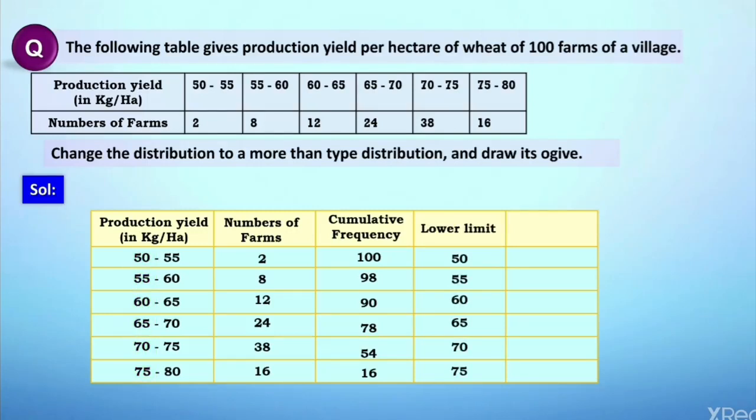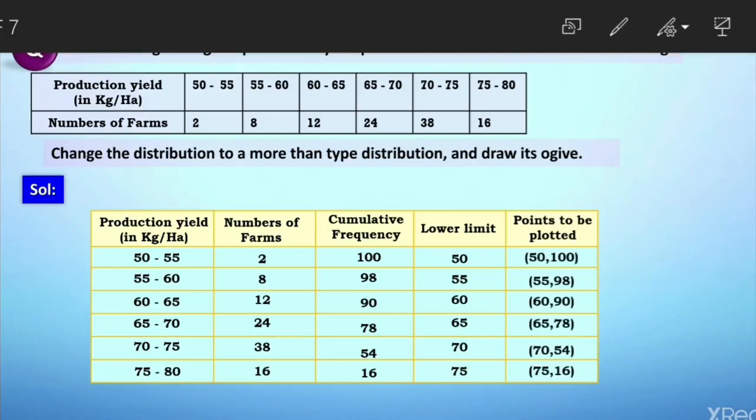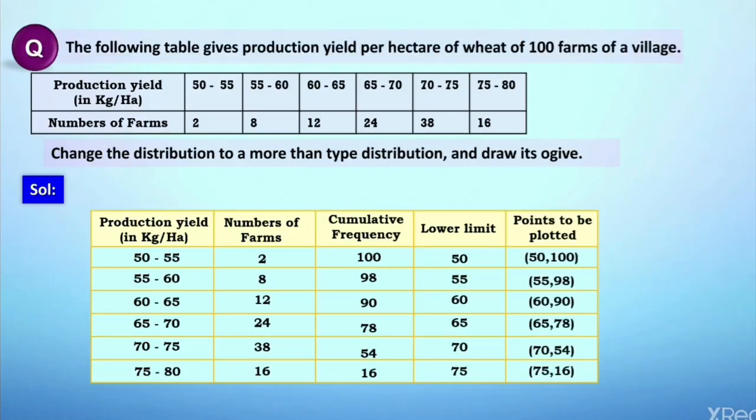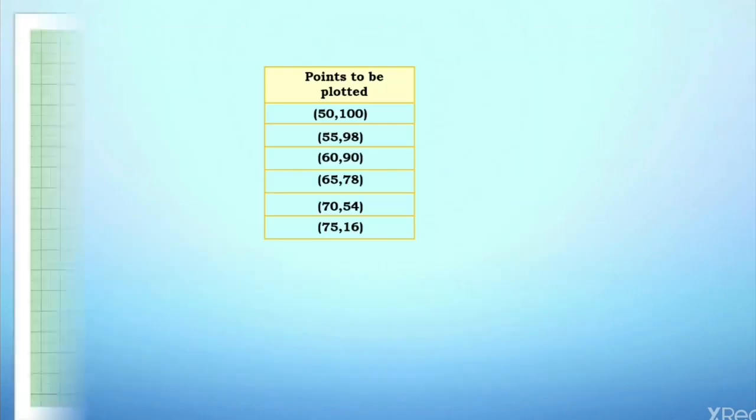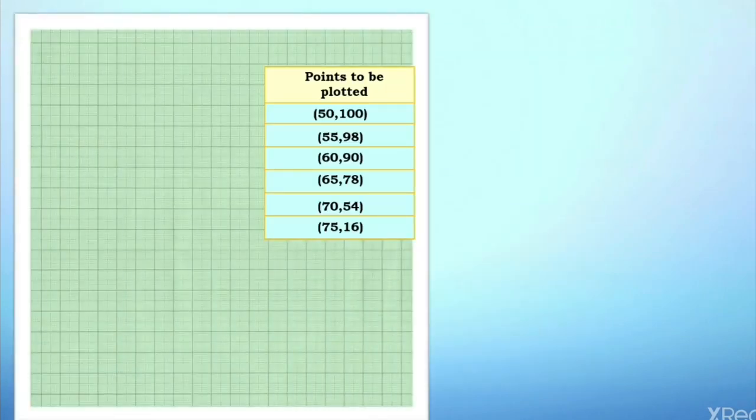With lower limit and corresponding cumulative frequency, we get points to be plotted, that is 50, 100, 55, 98, 60, 90, 65, 78, 70, 54 and 75, 16. Based on these points, we will plot more than frequency type ogive curve.